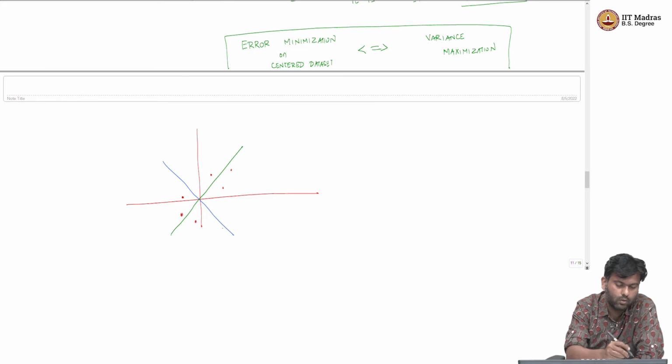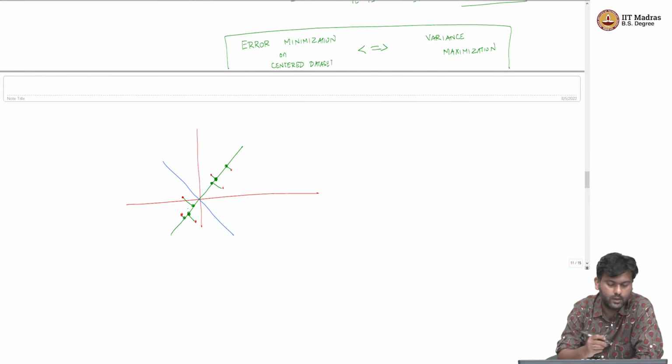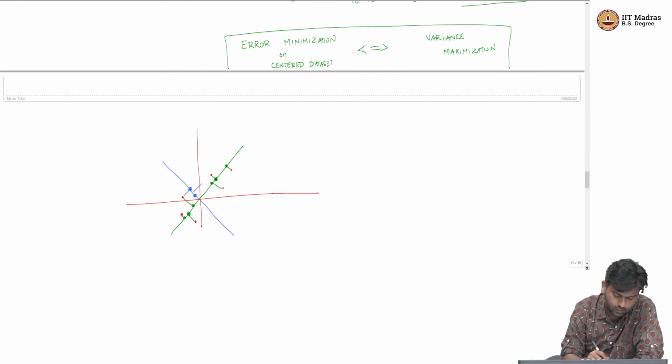Now, you could project onto either of these lines. If I project onto the green line, I am going to get the proxies as follows, right. The green dots are my proxies, whereas if I project onto the blue line, the blue dots are the proxies of the red points.